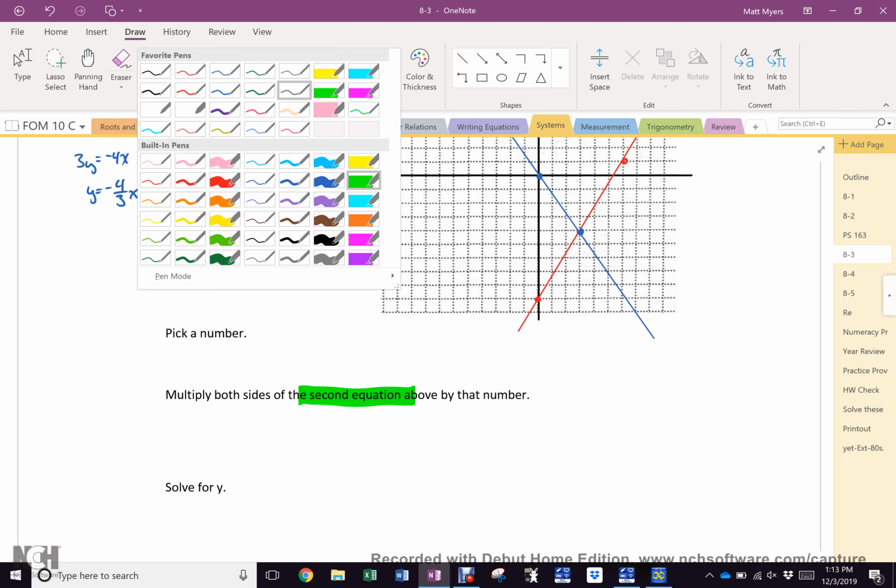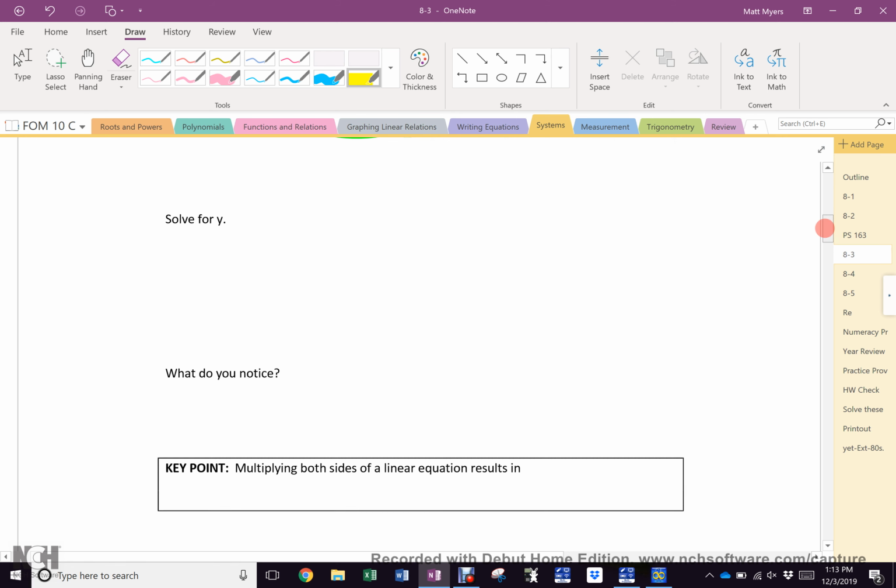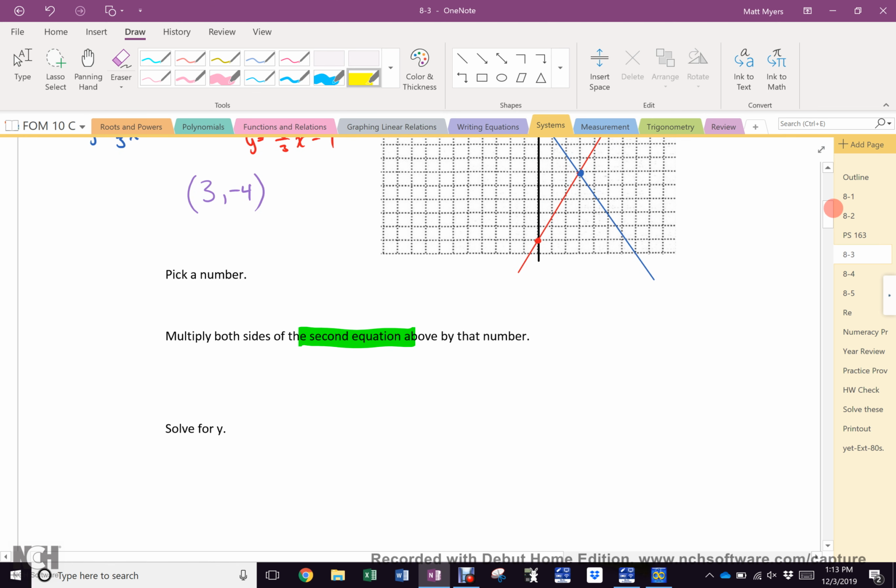Multiply the whole equation by that number, just like it says. And then if you're feeling fancy, you could even do the next step, which is solve for y. While we are waiting for everybody to catch up, somebody say the number they used. 6.